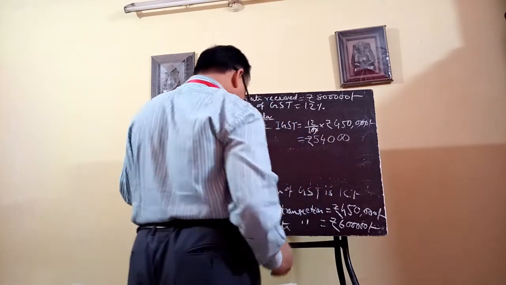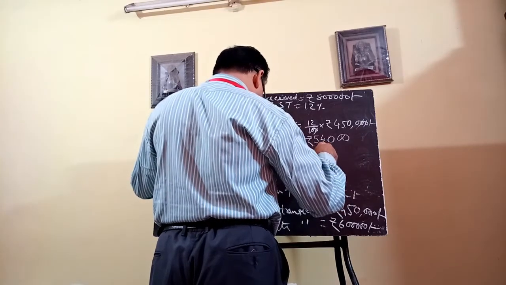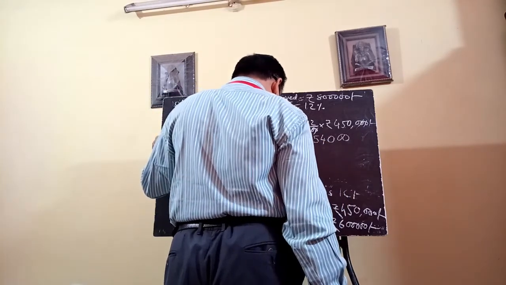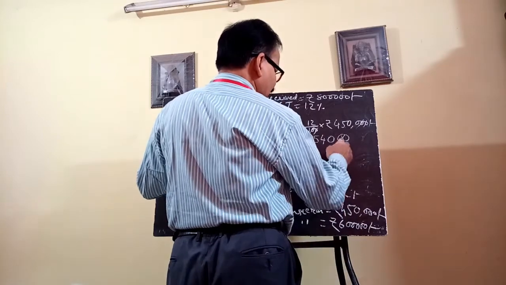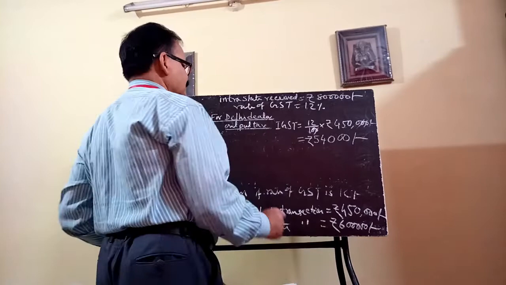So if you calculate, this is your rupees 54,000. 54,000 is your output tax for your IGST.